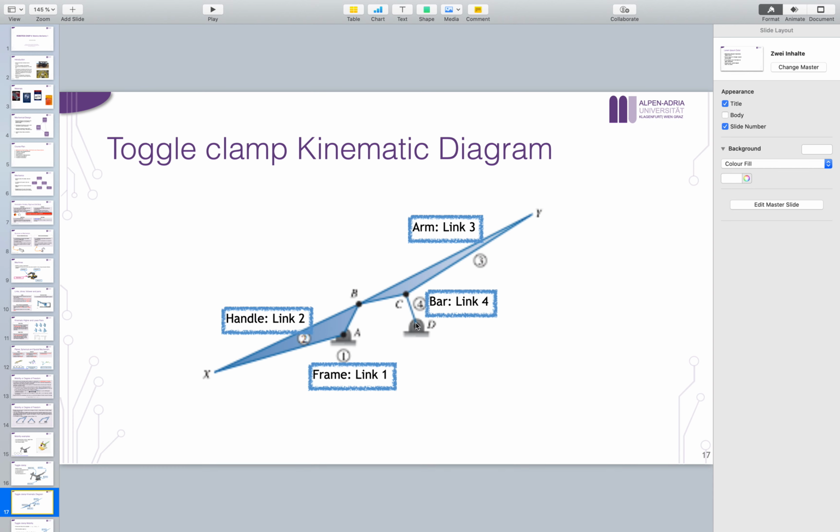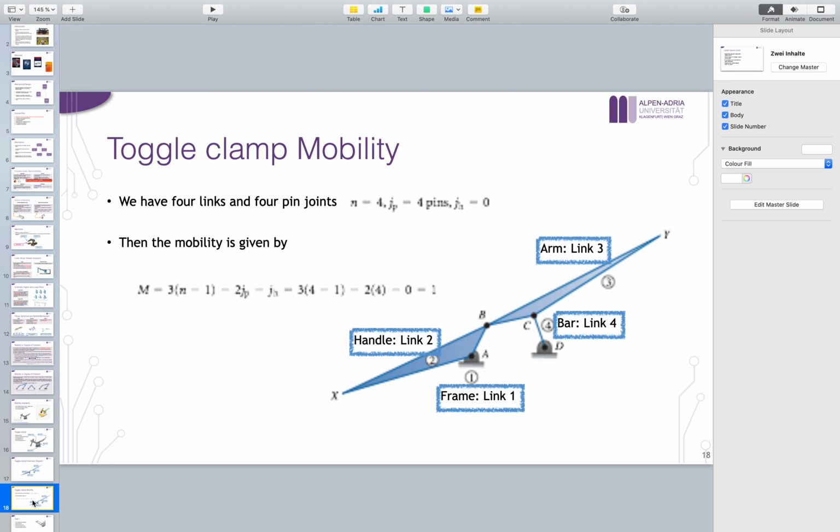So this is the kinematic diagram of this mechanism, and we have here links 1, 2, 3 plus 4, which is the frame or base. If we estimate the mobility, we have 4 links in total. We have 4 rotational, or 1 degree of freedom, joints, and no 2 degrees of freedom joints.